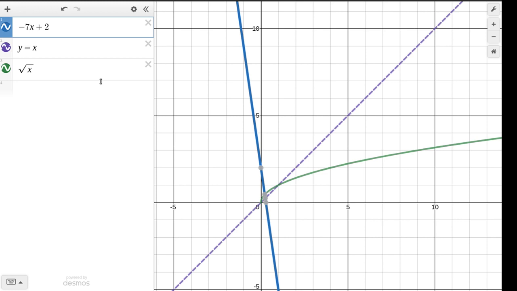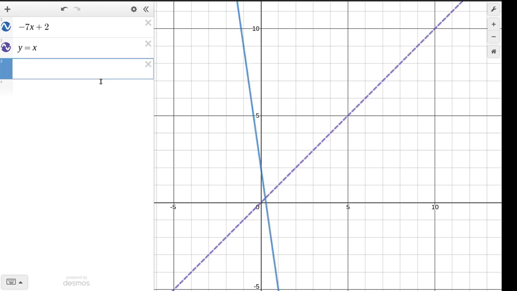So negative 7x plus 2. Now when I did the inverse of that, I got negative x plus 2 divided by 7.